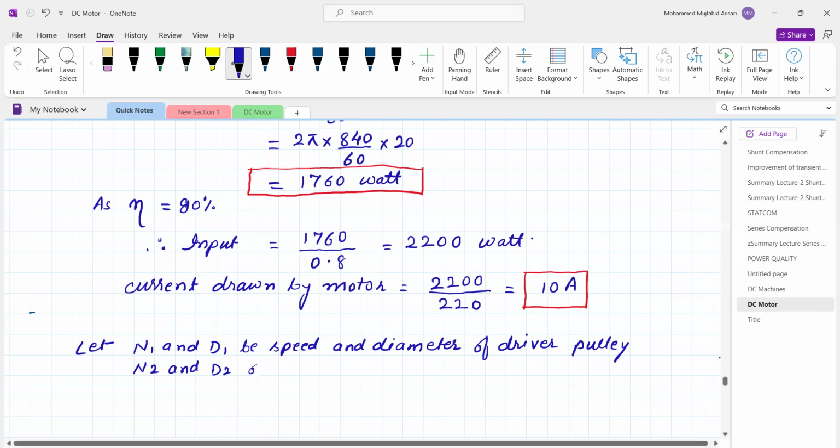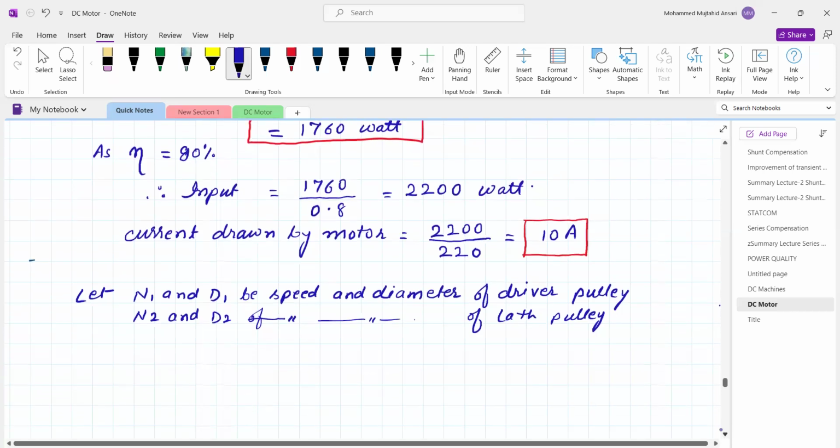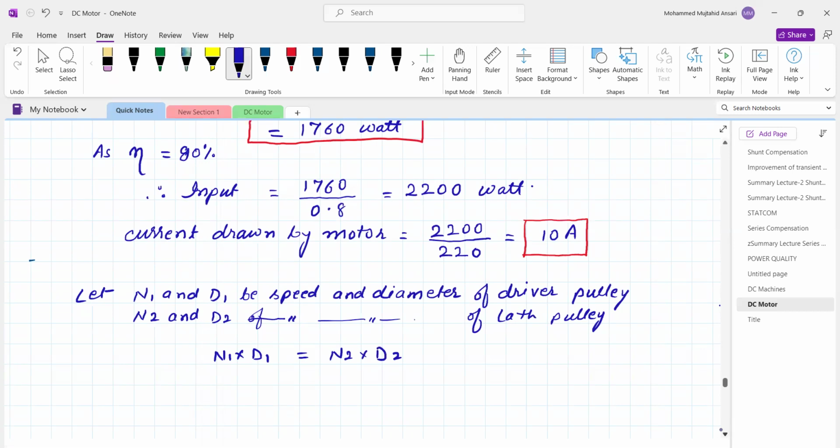So we can write N1 into D1 is equal to N2 into D2. Okay, so N1 is known; the diameter of the motor is what we are going to find out.